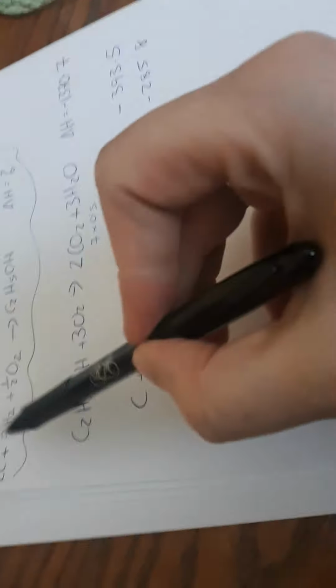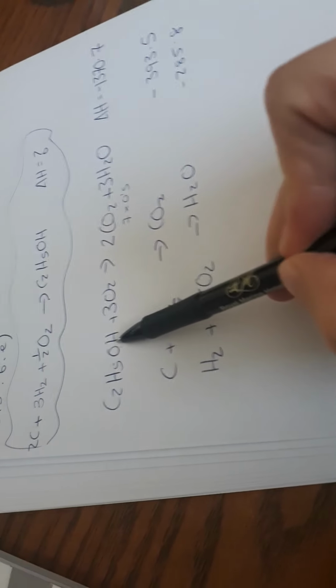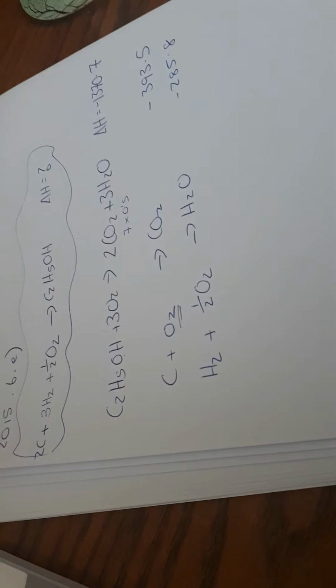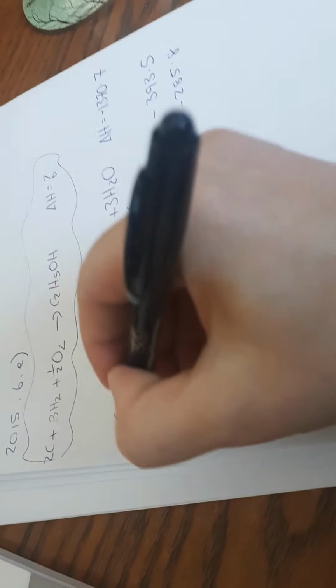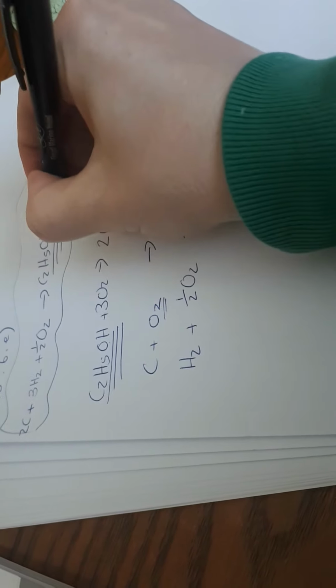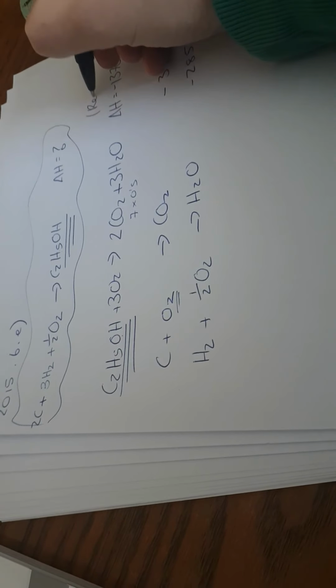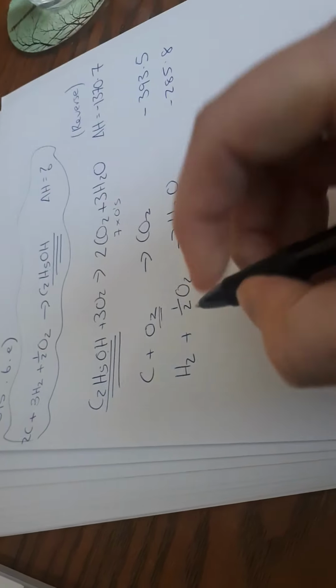And what we do now is we look at what I have up here, and make sure that what I have here corresponds with it. First, my ethanol is on my left hand side here, and I need it on my right hand side. So the first thing I need to do is reverse.